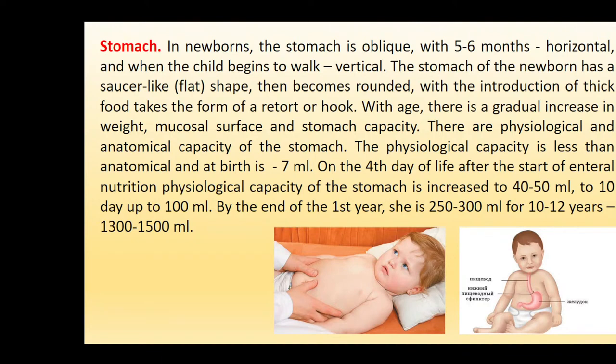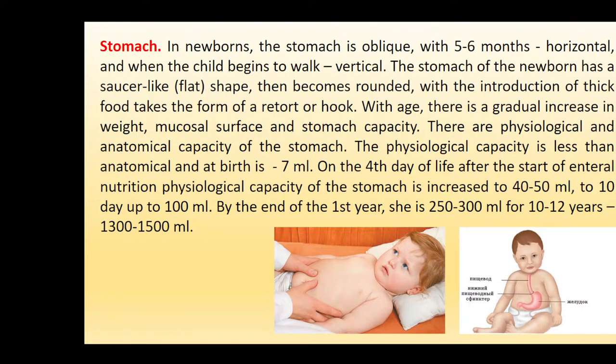The physiological and anatomical capacity of stomach. The physiological capacity is more important for our understanding, especially when we study process of nutrition of baby in early age. The physiological capacity is less than anatomical, and at birth it's just only 7 milliliters.